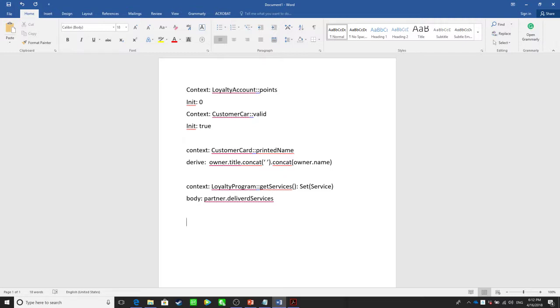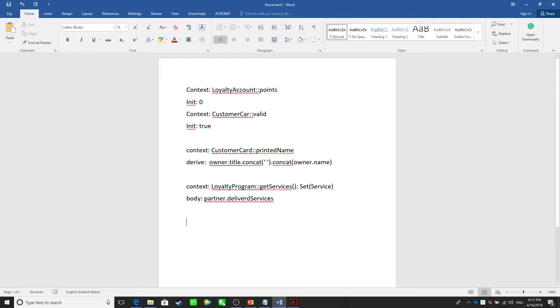Okay, we can do the last one. So in the body expression, the parameter of the operation may be used. Yeah, we can use the parameter. For instance, suppose you need a more refined version of get service operation. This operation takes the parameter, a program partner object, and returns the service delivered by a program partner.